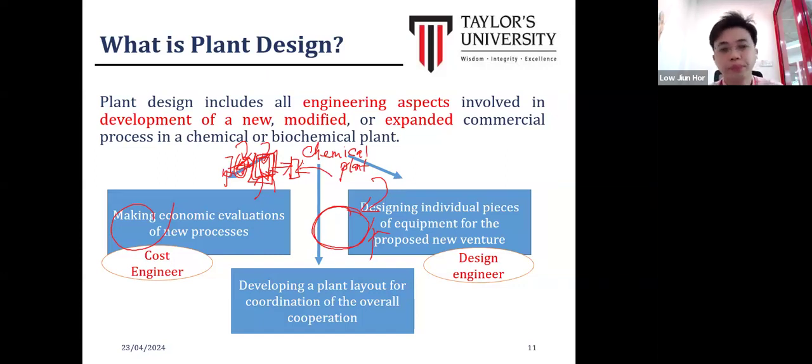And also, you have to know, compulsory, how you are going to calculate the cost required to construct and complete the chemical plant.